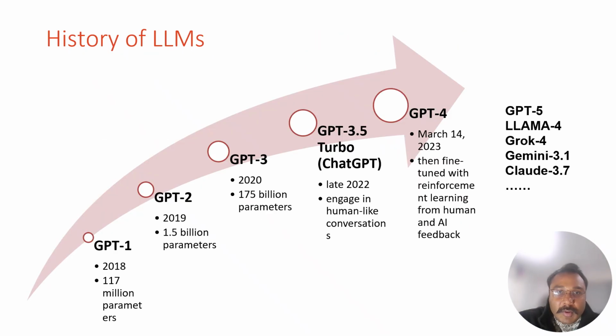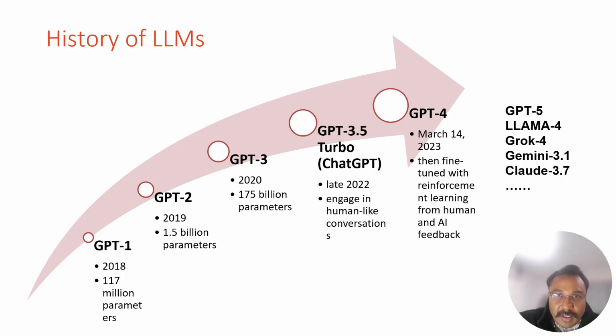Okay, now let's briefly look at the evolution of LLMs, the history of LLMs. Starting with GPT-1, which originated in 2018, we saw basic text generation, and in GPT-2, we had some improvements in scale and coherence.